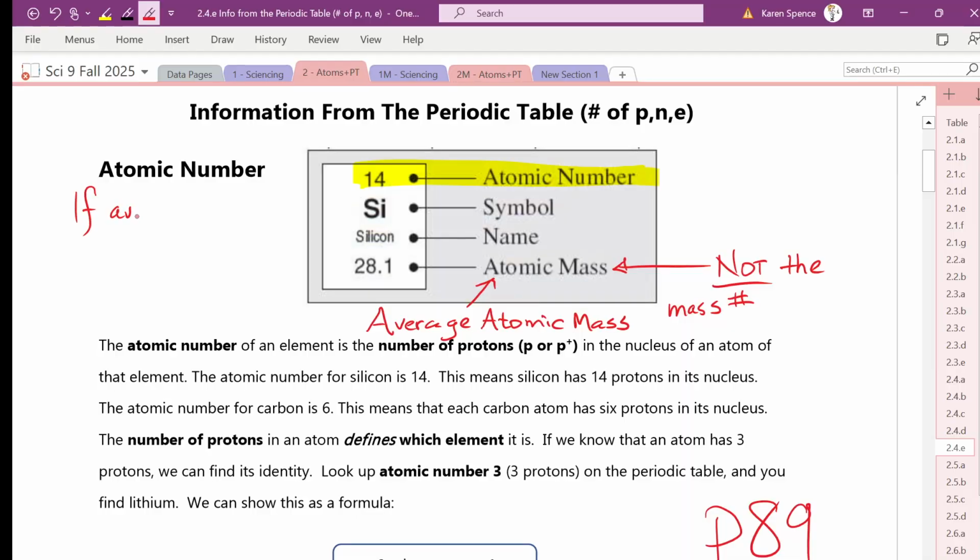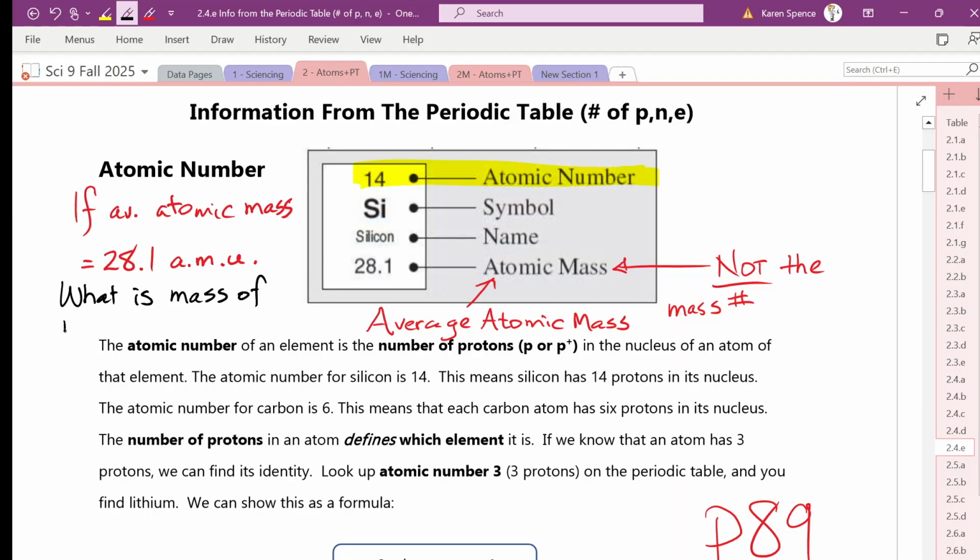If the average atomic mass equals 28.1 AMU, what do you think is the mass of the most common isotope? Have a chat with your neighbor about that. That's the most common isotope.